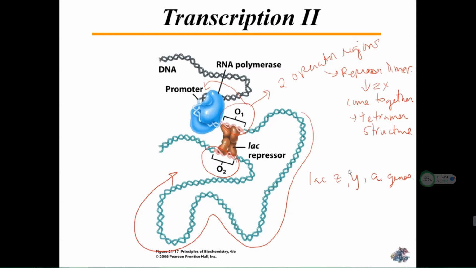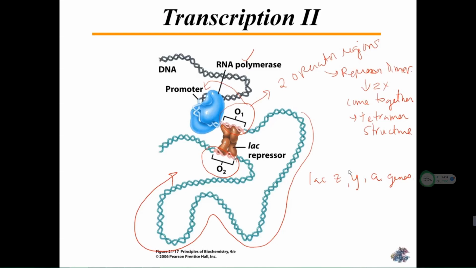So binding of the repressor to operator region number 1 as a dimer, plus the binding of the repressor to operator region number 2 as a dimer, then leads to looping of the DNA such that the lac repressor becomes tetrameric in structure. As you can see, this prevents the RNA polymerase, which is depicted here in blue, from actually transcribing the lac operon, which consists of the lac Z, Y, and A genes. So it blocks transcription very efficiently, this repressor protein, as a tetrameric structure.